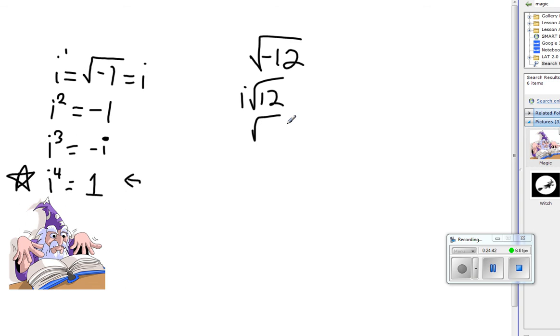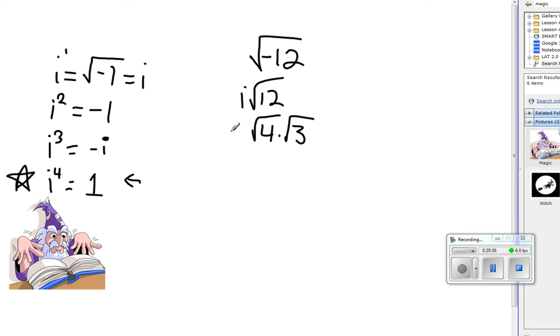Getting closer. You can't take the square root of 2. The square root of 4 times the square root of a number times 4 that equals 12. Less than 4, more than 2. 3! There you go. Because 4 times 3 is 12.